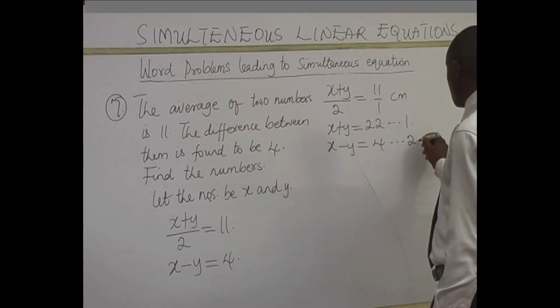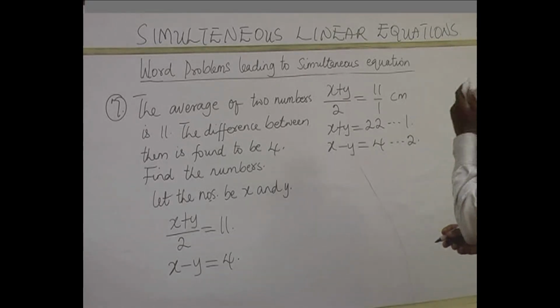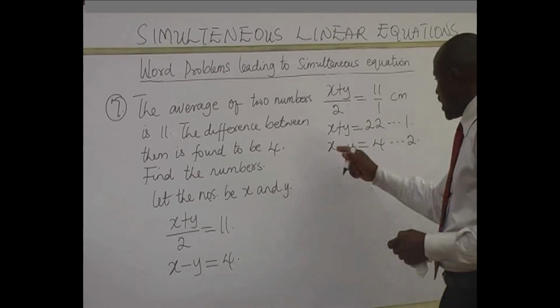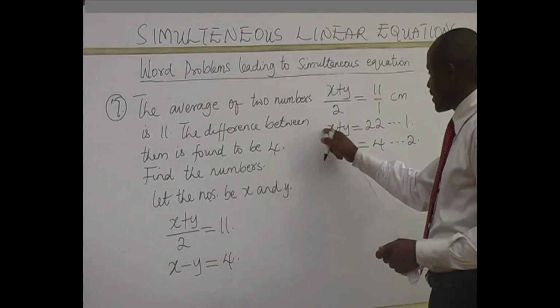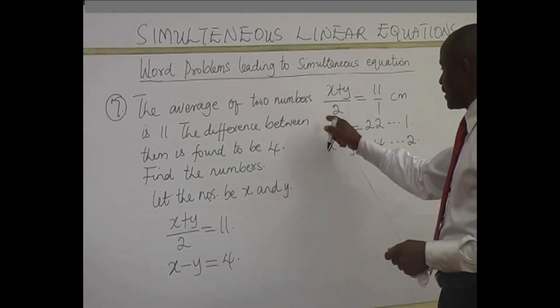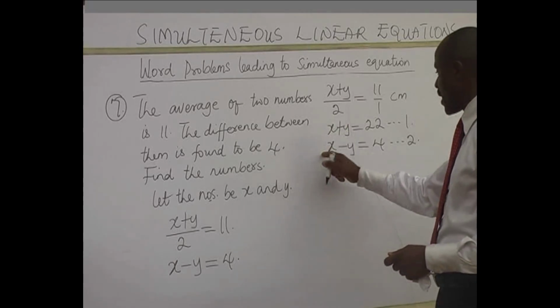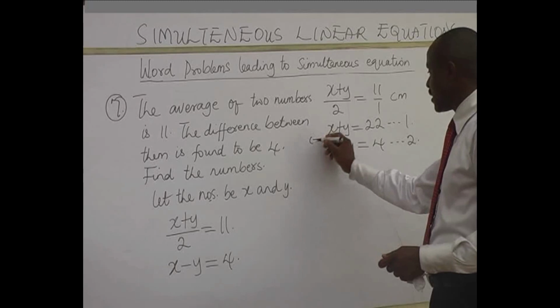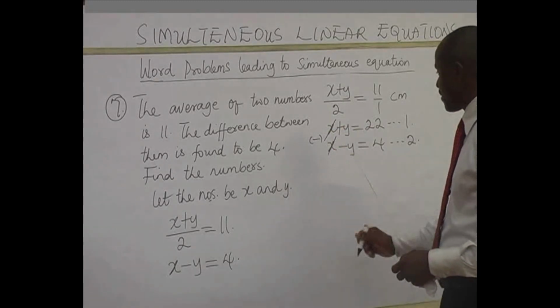This is equation 2. You can use the elimination method. There is no need of multiplying out to get the coefficient of x in both equations to be the same thing. Already they are the same thing. What you have as the coefficients are 1 and 1. So just go ahead and subtract. X minus x, they will cancel themselves.